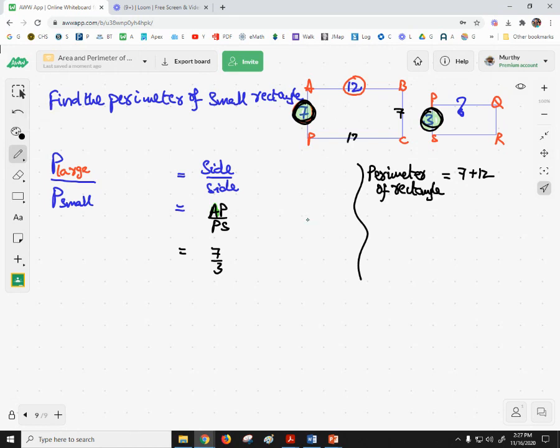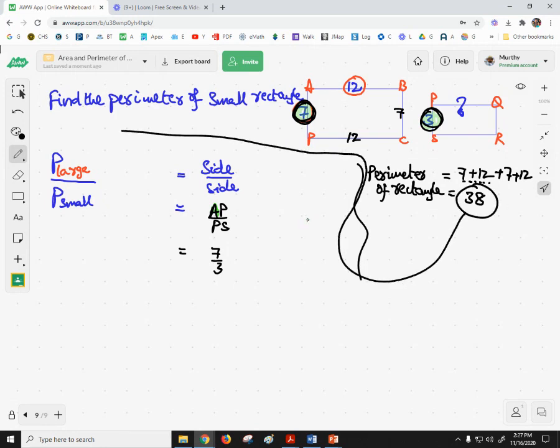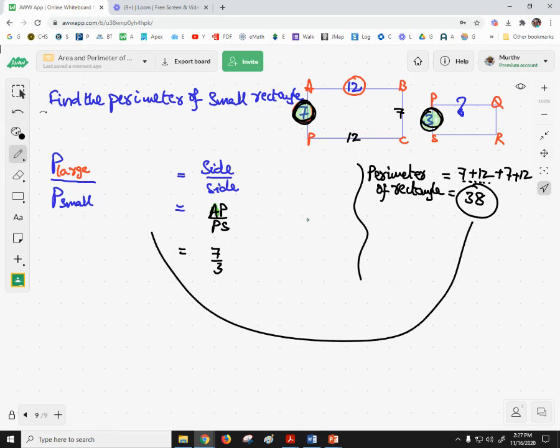Therefore, this is going to be 12. So 7 plus 12 plus 7 plus 12, or else you can take twice the length plus twice the width. At this point, you can use a calculator. You'll end up with 38. Now, I got the perimeter of the large rectangle is 38 units.